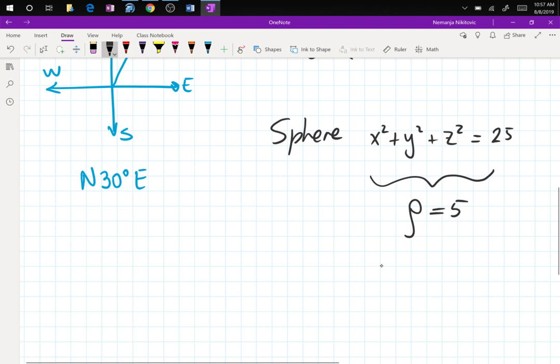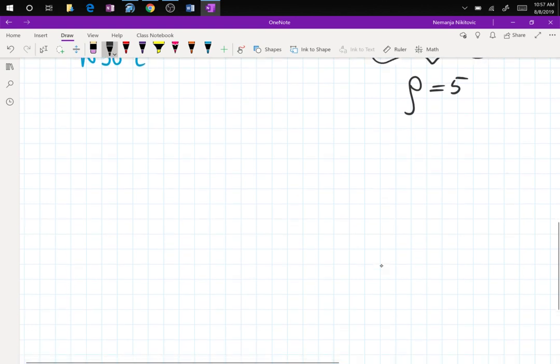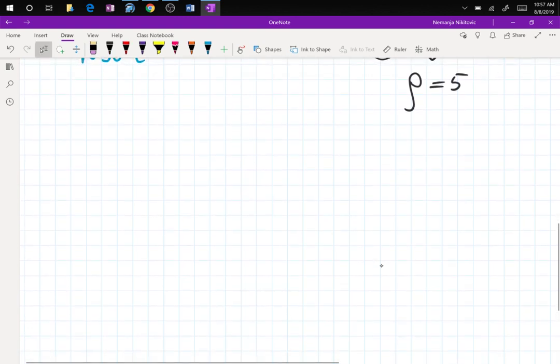So clearly, this should greatly simplify integration. So an integral in rectangular coordinates x, y, z for a sphere is something that you can just look at and cry. Look what you have, right?